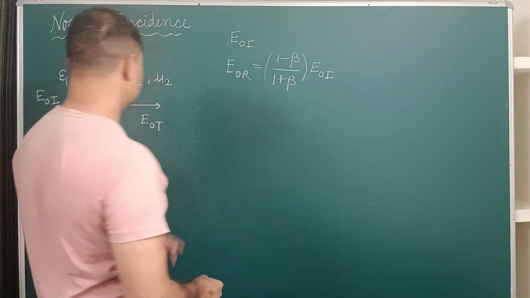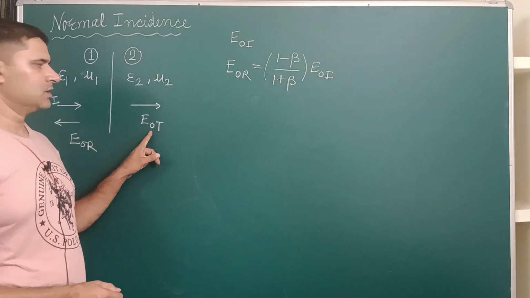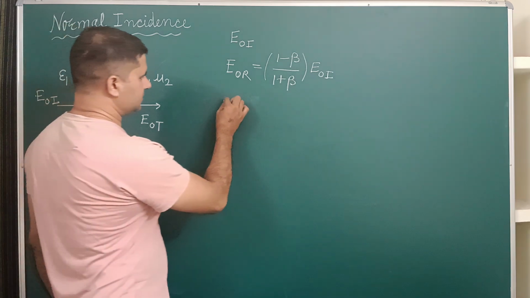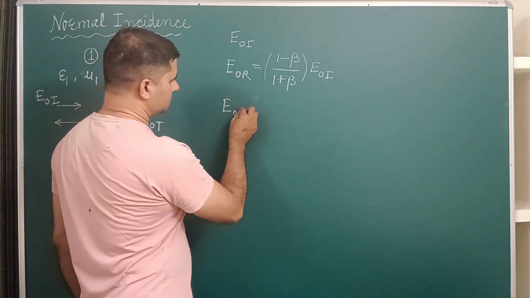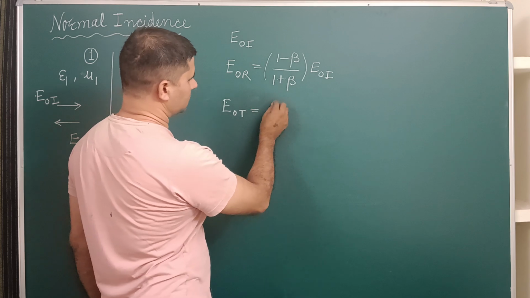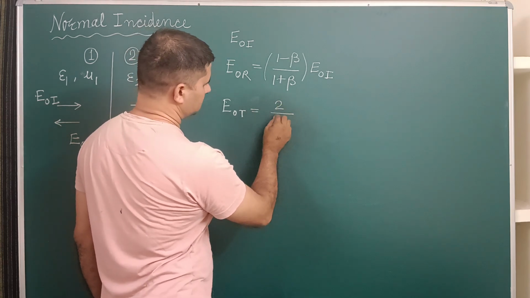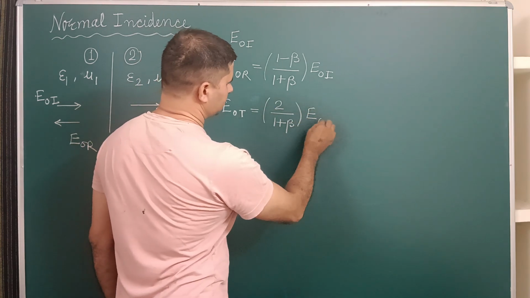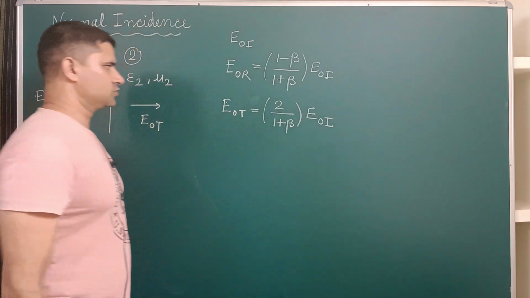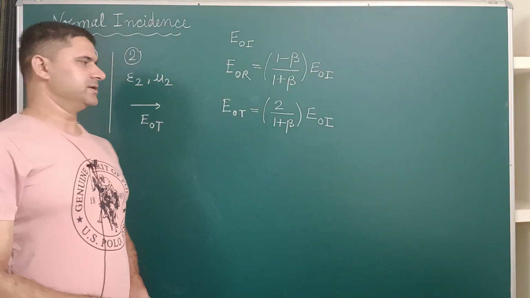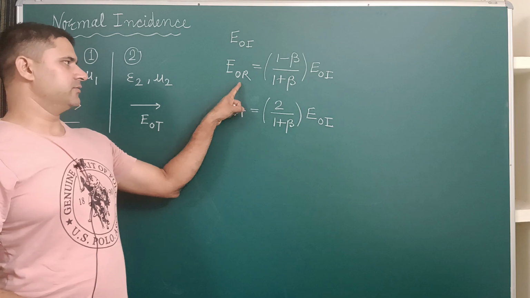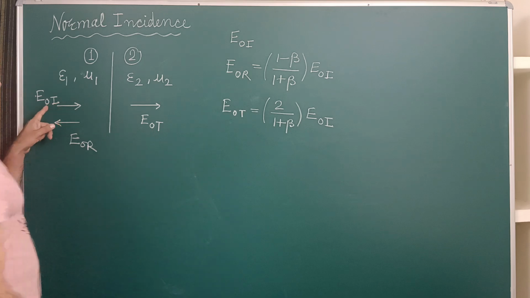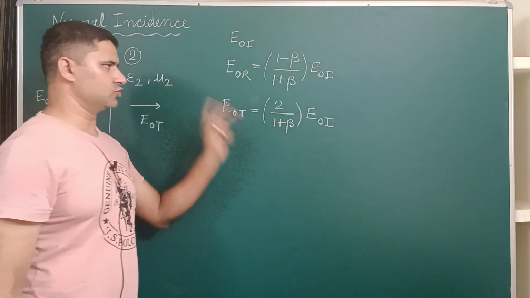The relation between the amplitude of the transmitted wave and the amplitude of the incident wave is given by E node T equal to 2 divided by (1 plus beta) into E node I. So you can see we have calculated the amplitudes of the reflected wave and the transmitted wave in terms of the amplitude of the incident wave, both cases.